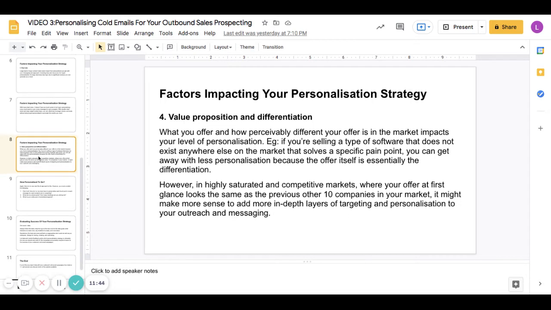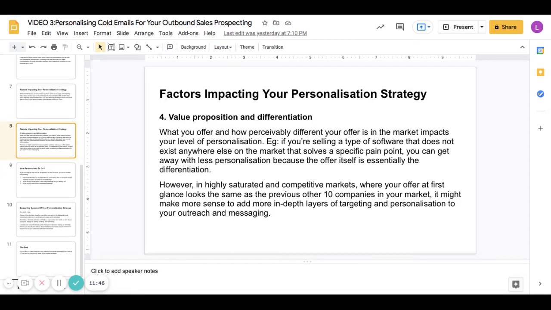So, last one here, a really important one that I often don't come across from other people in this industry, is the value proposition and differentiation. So, what you offer and how your market perceives it, whether it's different or the same, is also going to play a role in your level of personalization.